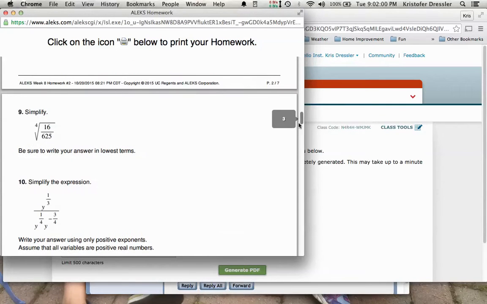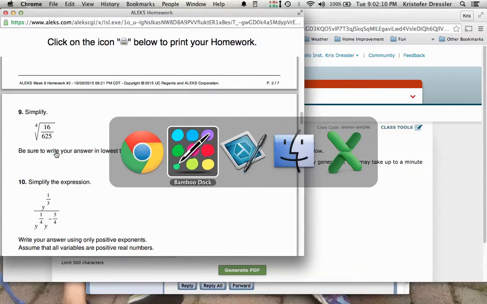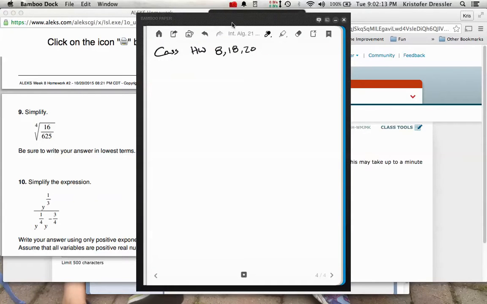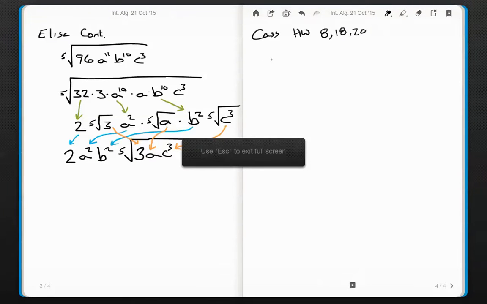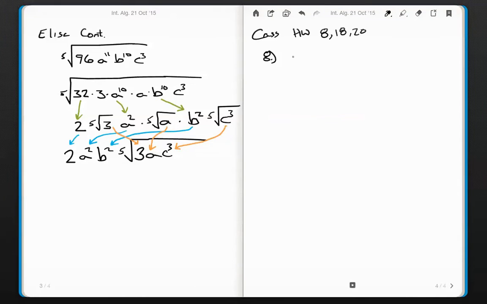8. All right, the fourth root of 16 over 625. Let's simplify that. Well, I can break this up into the fourth root.